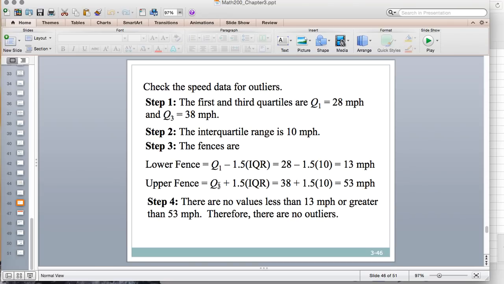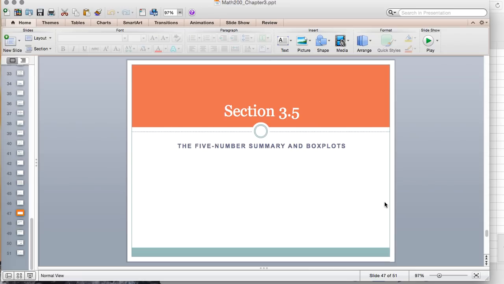And then the upper fence is done the exact same way except with quartile 3 and addition instead of subtraction, and you end up with 53 miles per hour. So there aren't any values that are less than 13 or higher than 53, but if we did, then those values would be outliers. But in this case, there are no outliers.